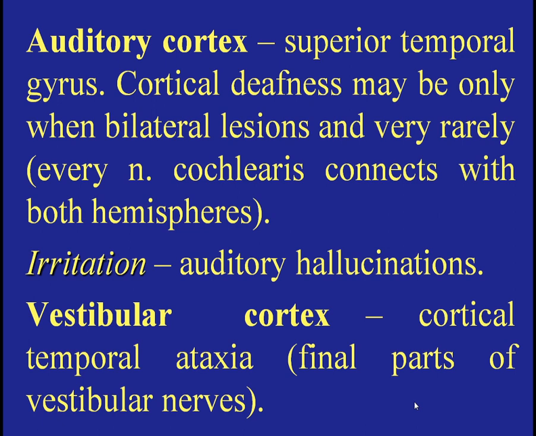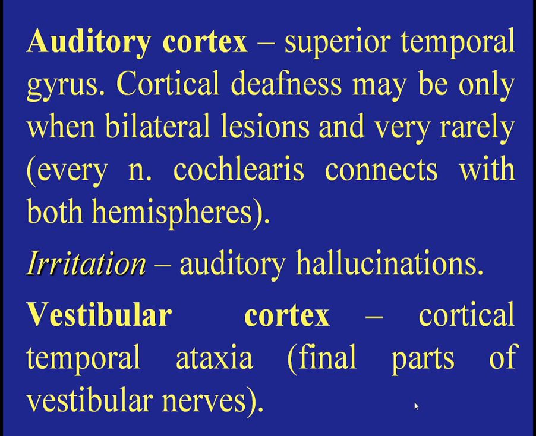But cortical deafness may occur only with bilateral lesions, and very rarely, even never, because every cochlear nerve connects with both hemispheres, and so the patient can have compensation from the healthy side. But in case of irritation by tumor growth, for example, patients can have auditory hallucinations.